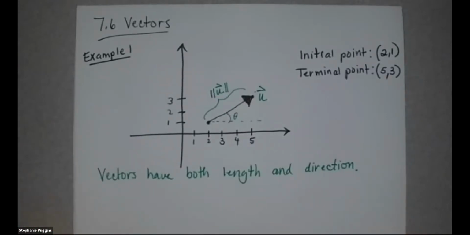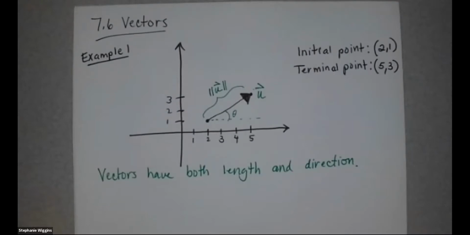And so if I want to calculate the length of the vector, we use the distance formula. You're just calculating the distance between the initial point and the terminal point.